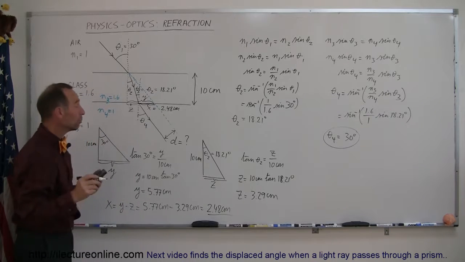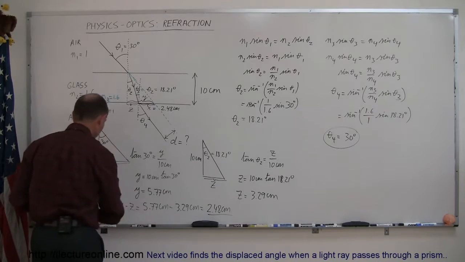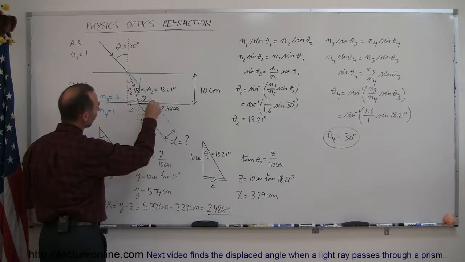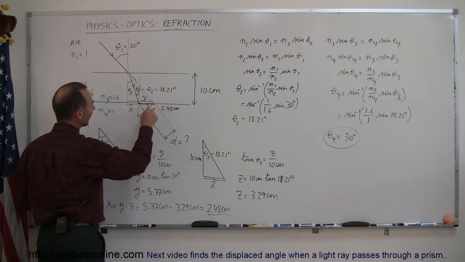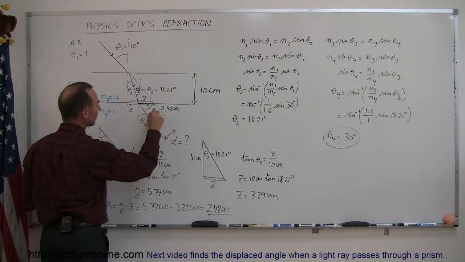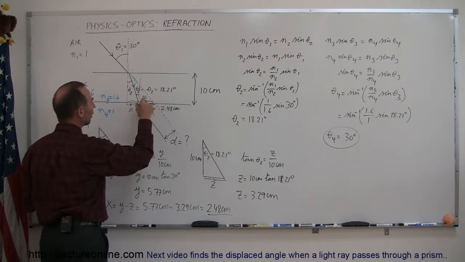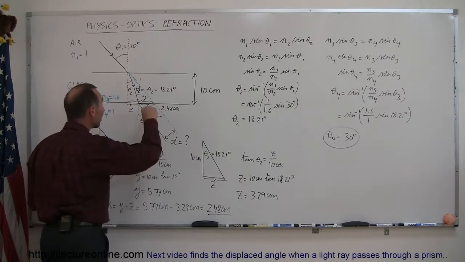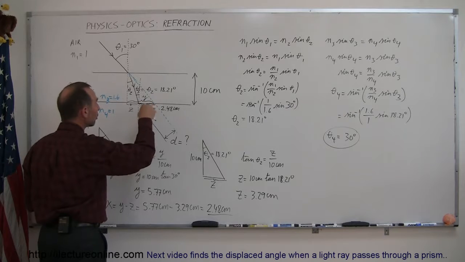Well, now we have to make one more triangle. Let me use a slightly different color here. Let's use red. So I'm going to draw a line straight across like this. The length of this red line is equal to d. We know the value for this portion right here, which we called x, and by putting that line there, I just kind of destroyed my x, so there's my x. So we know what x is, we know what d is, and what about this angle right here?